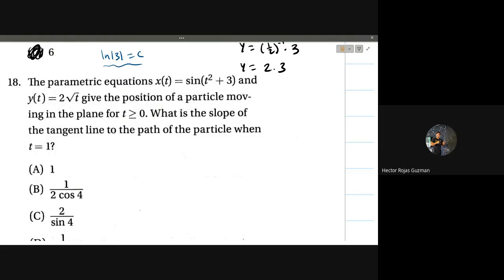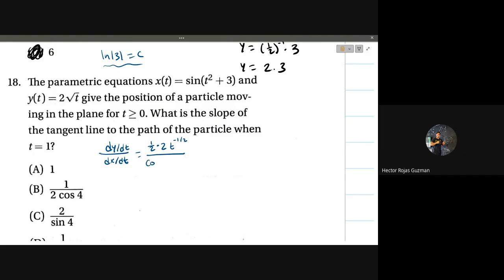Okay, if we're going to find the slope of the tangent line, we're going to have to find the derivative of y divided by the derivative of x. The derivative of y is going to be 1/2 times 2t to the power of -1/2 divided by the derivative of x.